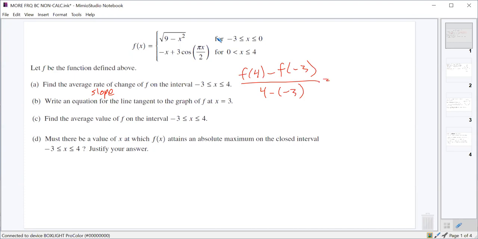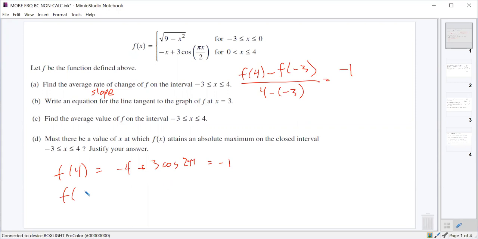So, off to the side here, we'll find f of 4. F of 4 is -4 plus 3 times the cosine of 2 pi. Cosine of 2 pi ought to be 1. So this is -4 plus 3, which is -1.